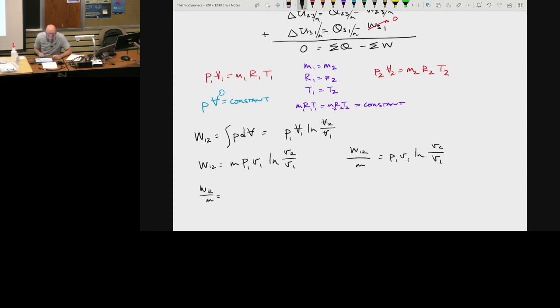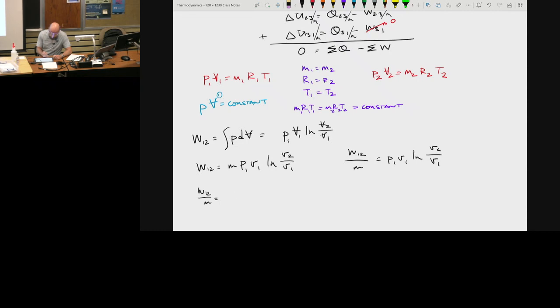Pressure 1 is equal to 5 bars. I'm going to convert it by multiplying by 10 squared kilonewtons per meter squared. I know that 5 bars is 500 kilopascals, and a kilopascal is a kilonewton per meter squared.